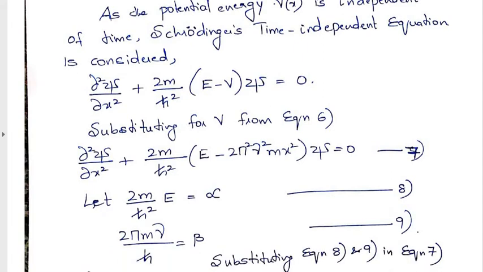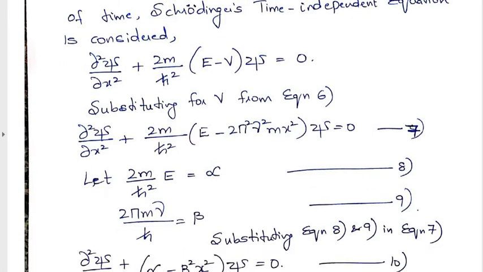So now simplification of equation 7 is going to be done. 2mE by h bar square is equal to alpha, equation 8. 2 pi m nu by h bar is equal to beta, equation 9.